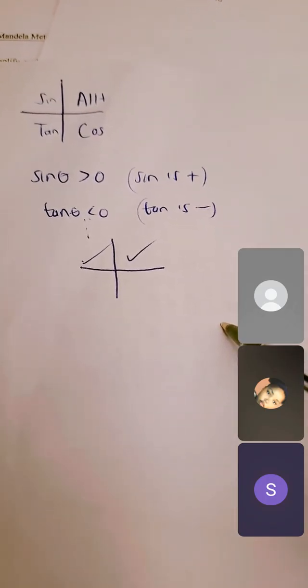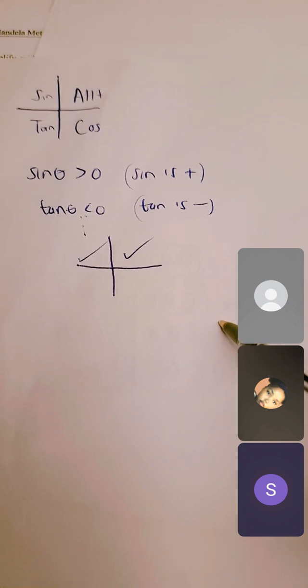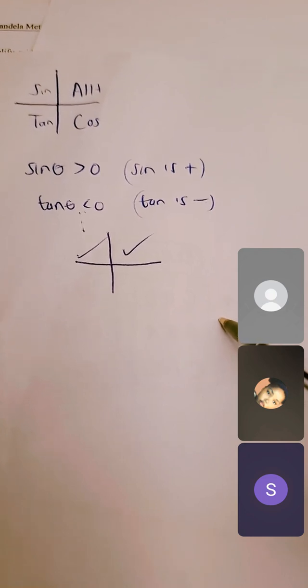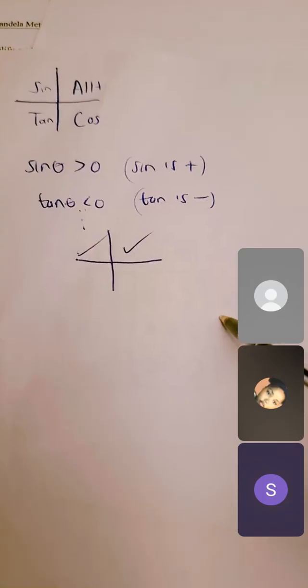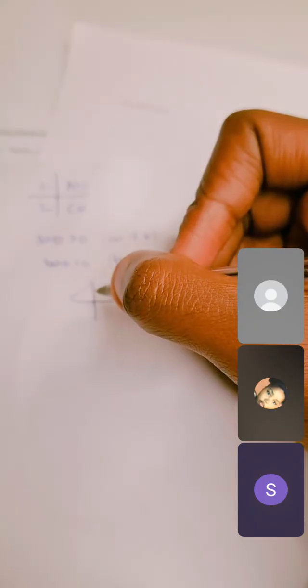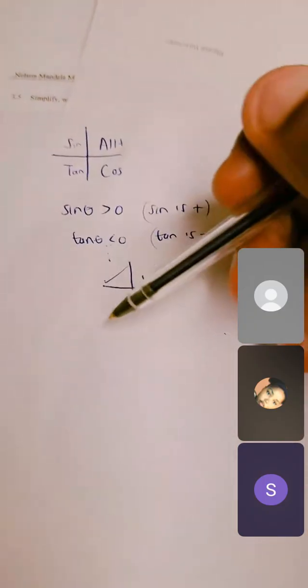First and second, I tick. Then let's go here, tan less than 0. Which quadrants reflect tan being negative? No, tan is positive in the third quadrant.